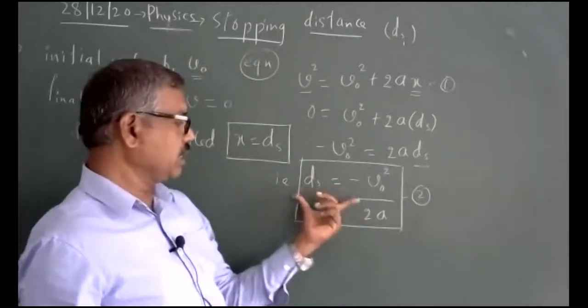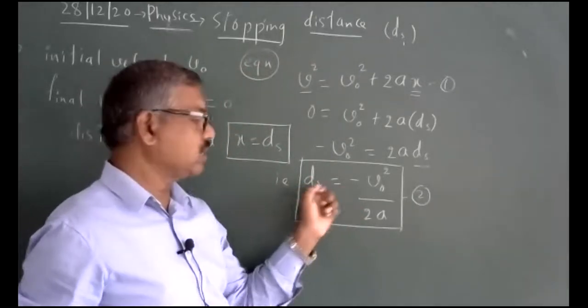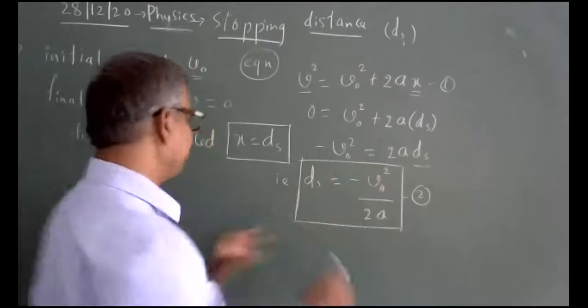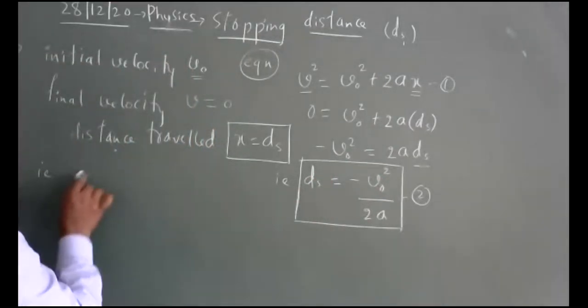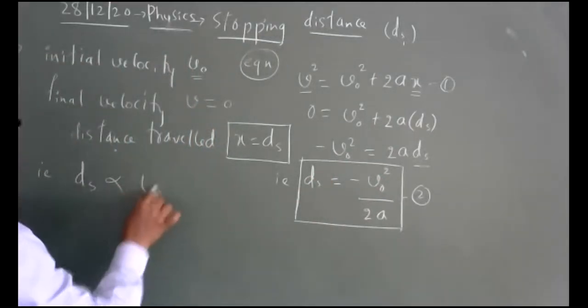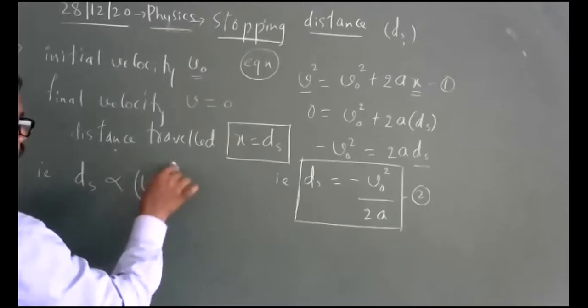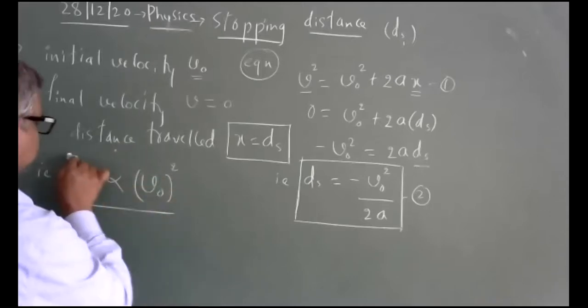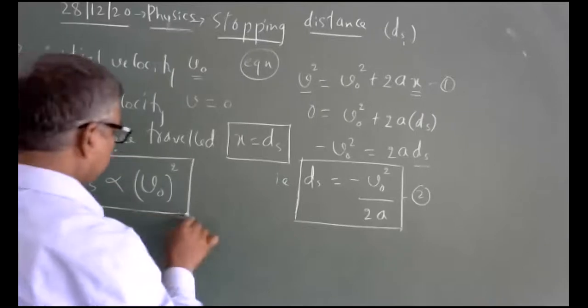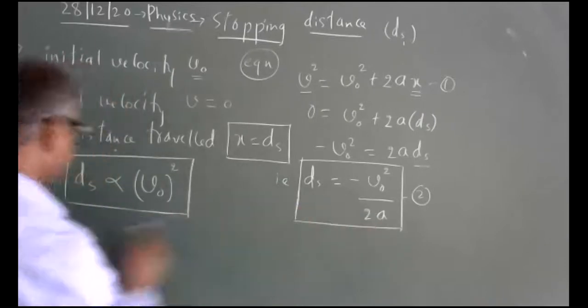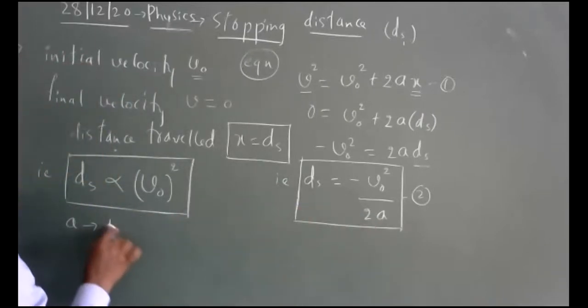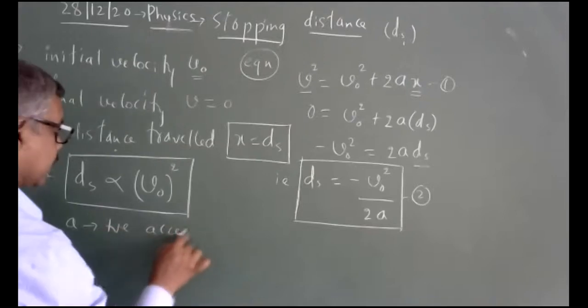When you look at this relationship, the stopping distance is directly proportional to the square of initial velocity. Whereas A, if it is positive, is called acceleration.